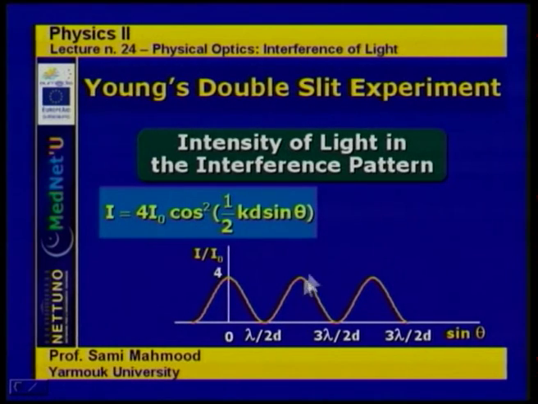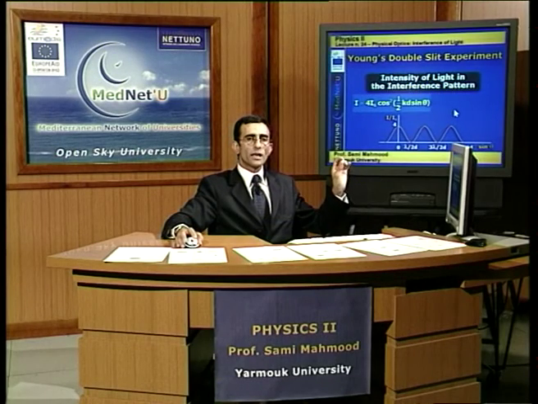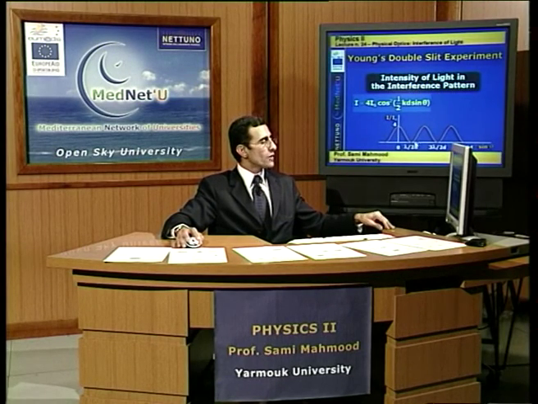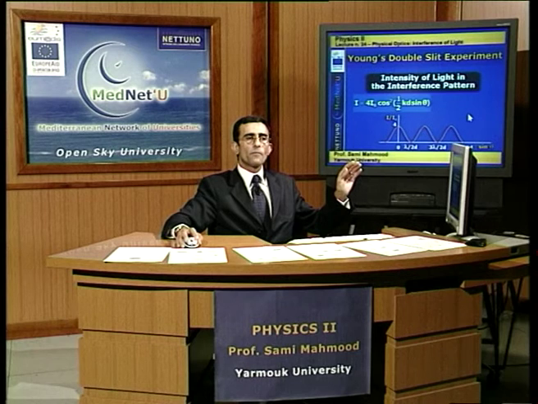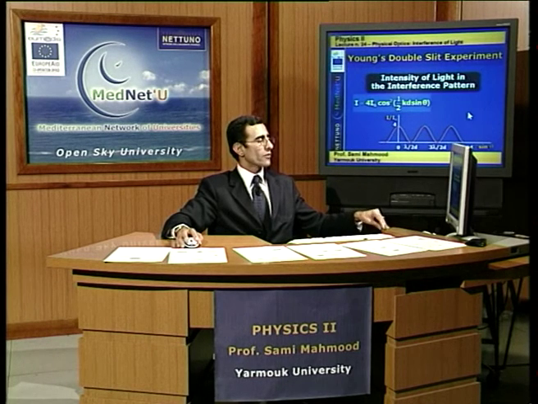So we have maximum intensity of 4I naught at certain positions, where these positions are defined by the optical path difference being equal to an integer number of wavelengths, and then we have minima at positions defined by the fact that the optical path difference is equal to an odd number of half wavelengths.